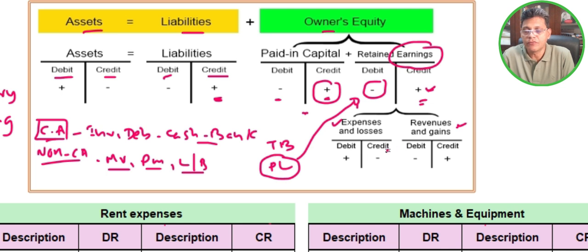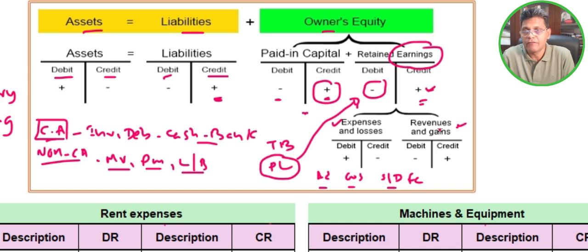Okay, so first of all, we identify these transactions, revenue items and the expense items. Different types of expenses will be there: administration expenses, cost of sales, selling and distribution, finance cost. So all these expenses will be identified under different categories, but the principle is the same.